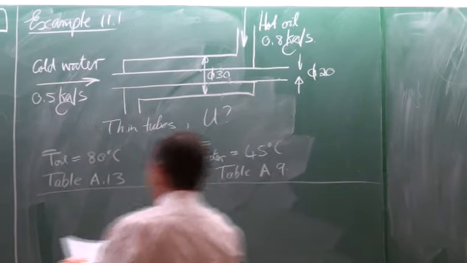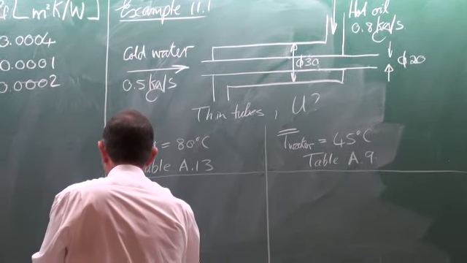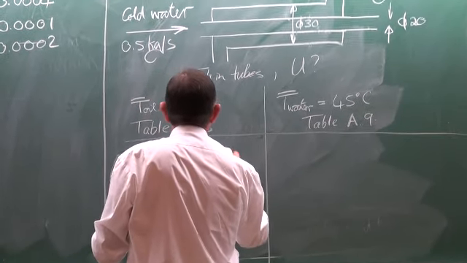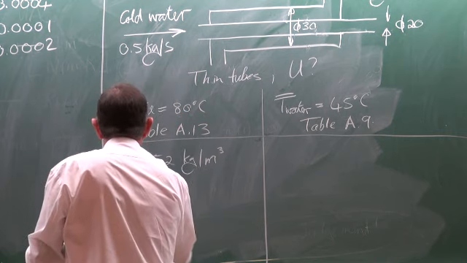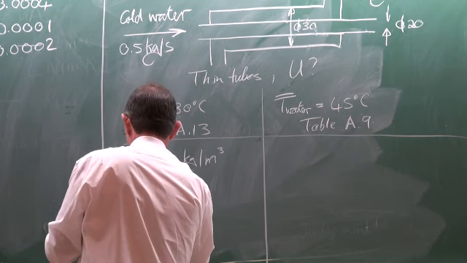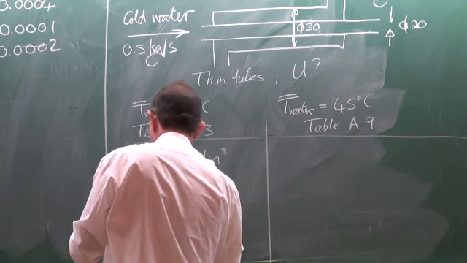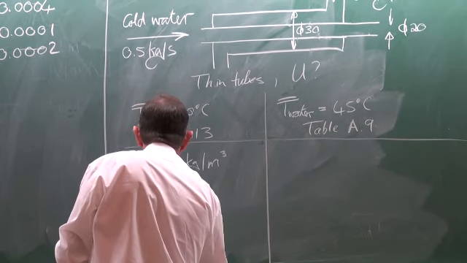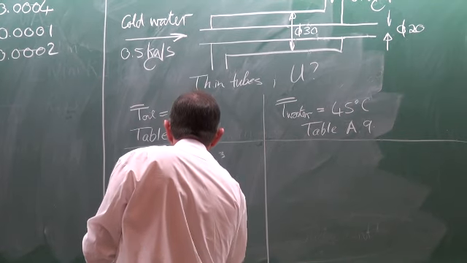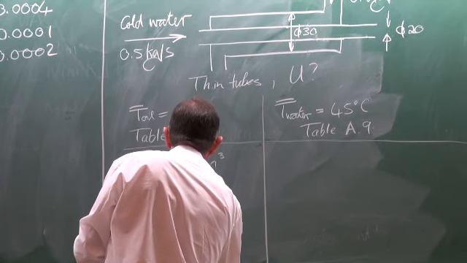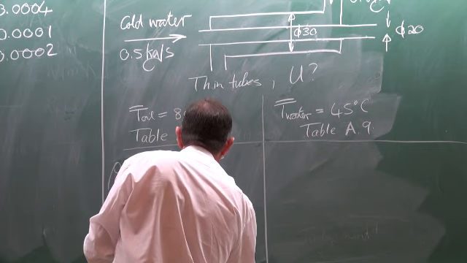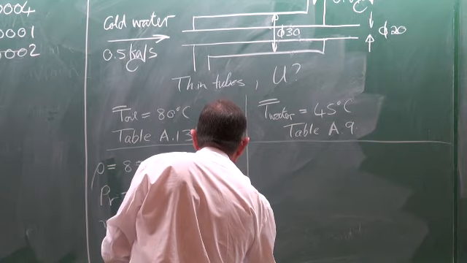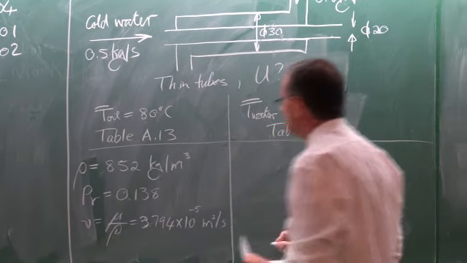Now, the density for water is equal to 852 kilograms per cubic meter. The Prandtl number is equal to 0.138, and the kinematic viscosity, which is the dynamic viscosity divided by the density, is equal to 3.794 multiplied by 10 to the minus 5 square meters per second.